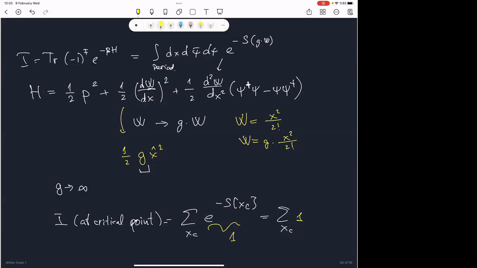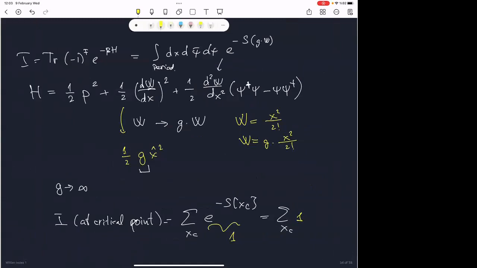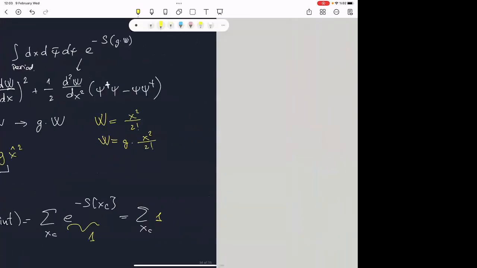It's because your classical trajectory doesn't see your Grassmann variables. Now, this is an easy computation you can do yourself, but then you need to expand around this critical point again and compute the action. So if you do such a computation, let me see, I have 45 minutes. Okay, let me try to show you then.